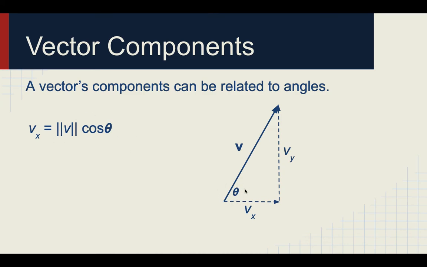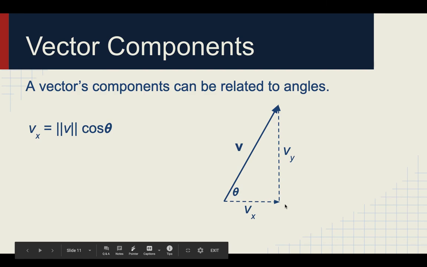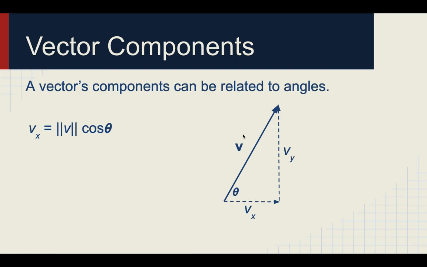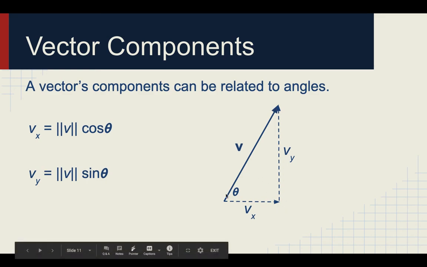Cosine theta is equal to adjacent over hypotenuse. If you rearrange, you get this. And then for this one, we could write it like this. And this is again from SOHCAHTOA. Sine theta equals opposite over hypotenuse. If you rearrange that, you get this.